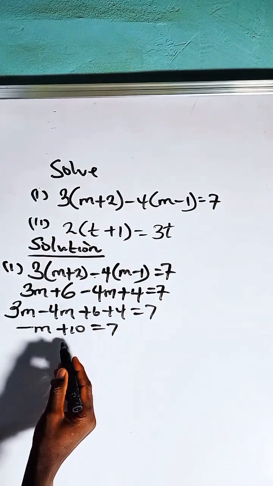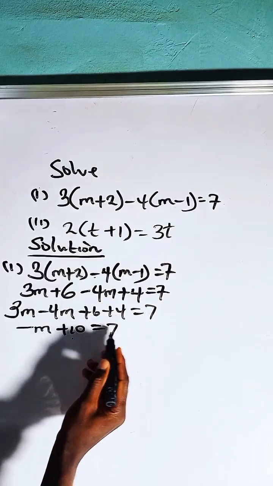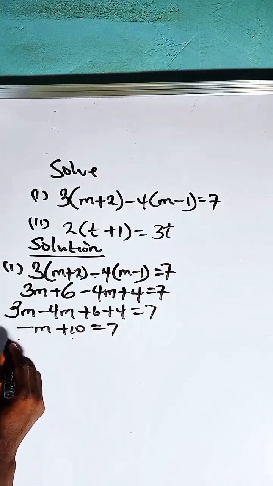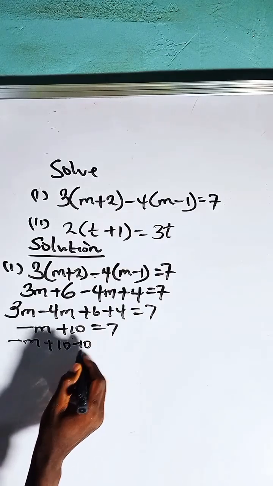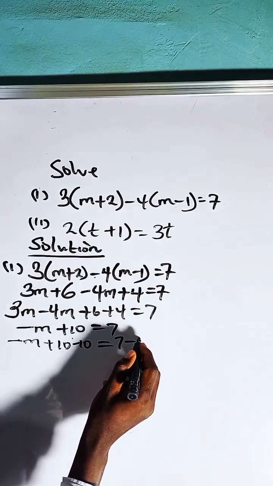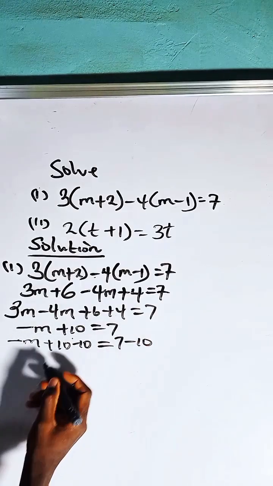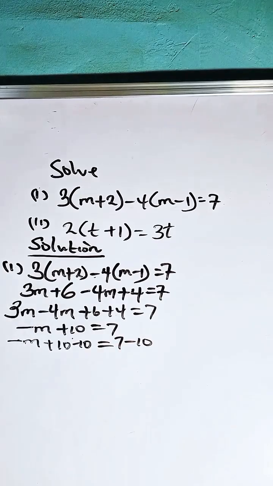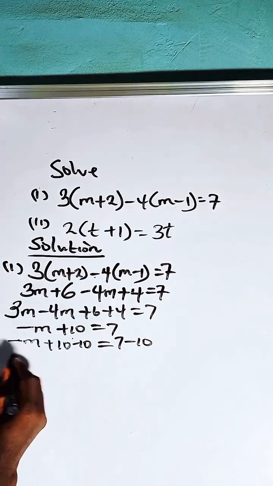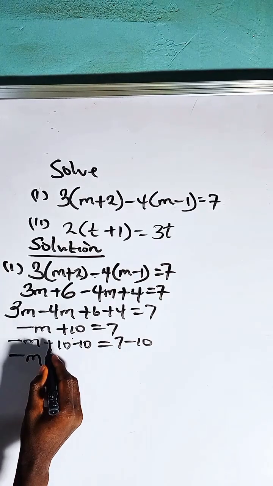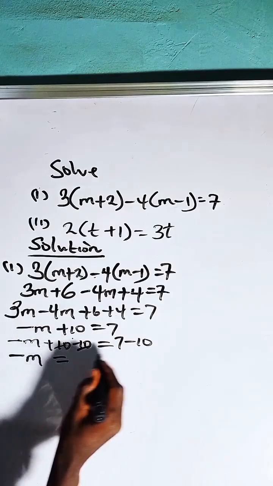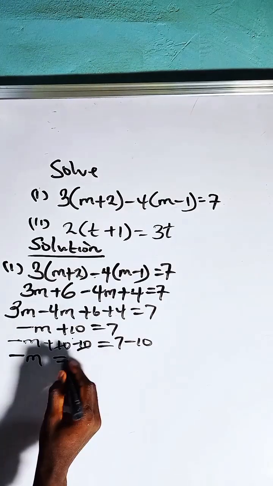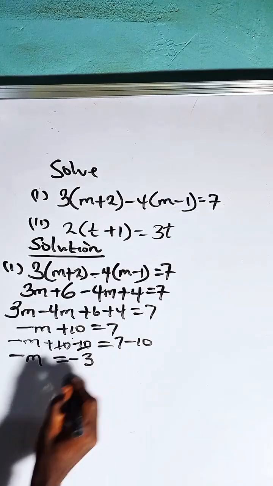Now we subtract 10 from both sides of the equation, so we have minus m plus 10 minus 10 equals 7 minus 10. Here we have minus m. For plus 10 minus 10, that gives 0. So equals, for 7 minus 10, we have minus 3.